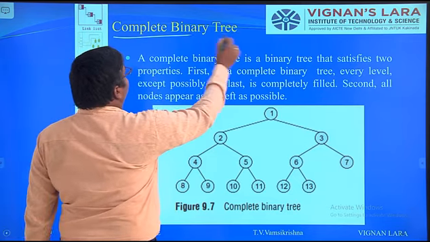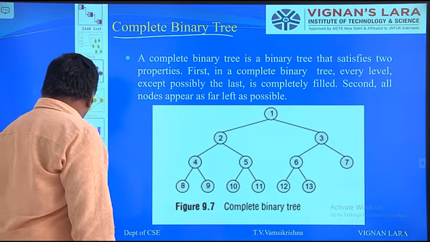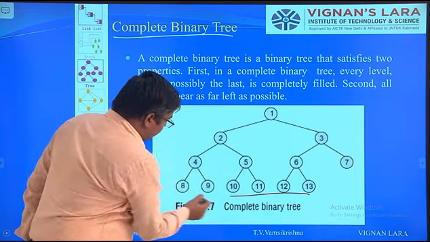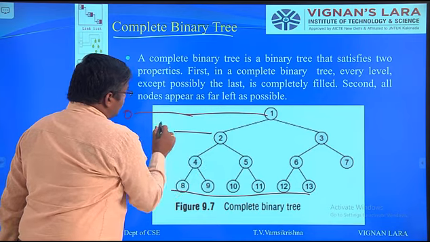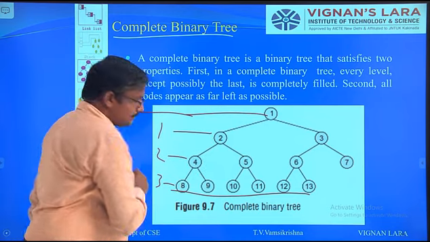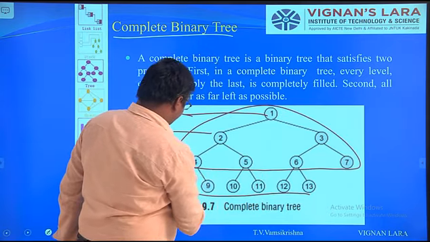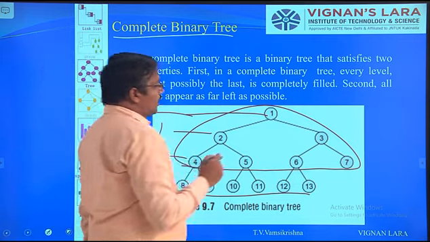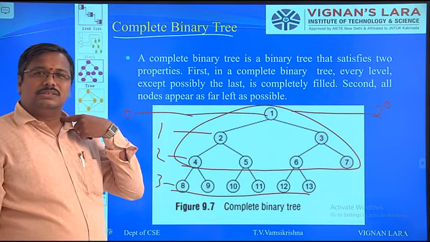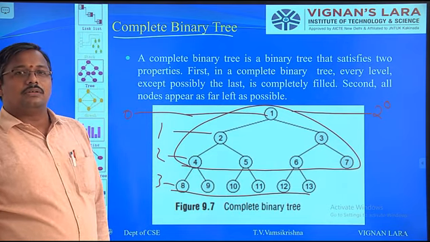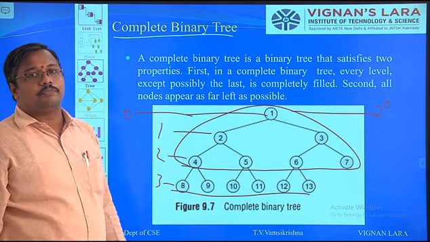So the property of a complete binary tree is that, except the last level, all the nodes are completely filled. This is the last level. This is the first level, or we call it the 0th level, this is the first level, this is the second level, this is the third level. Completely filled means what? The maximum number of nodes that can be accommodated in the 0th level is 2 power 0.